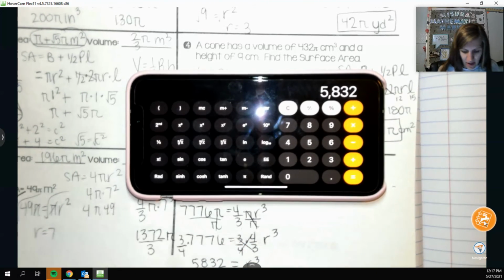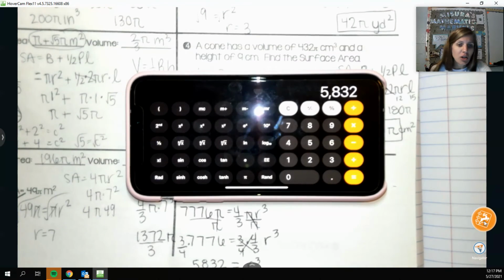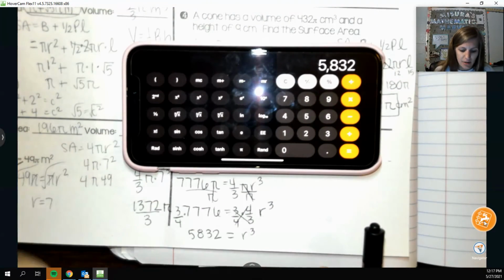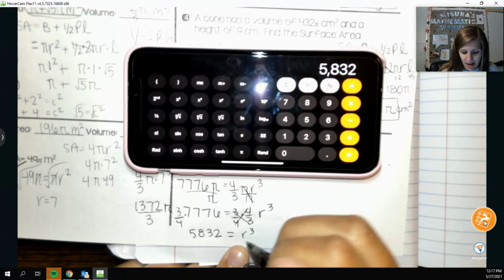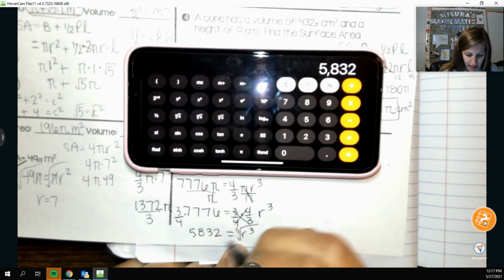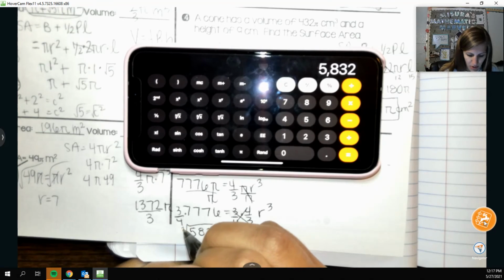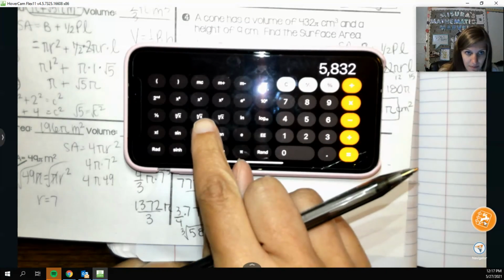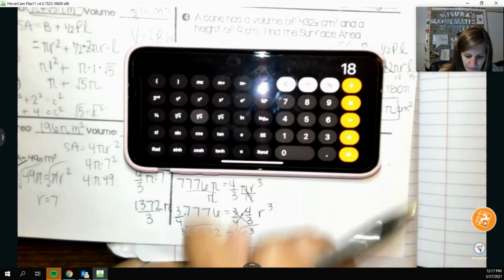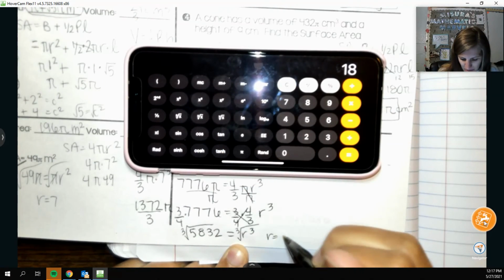5832. And then if you remember, we talked about in the other one, if I have something being cubed, like r cubed right now, I can get rid of the cube by cube rooting both sides. If I leave this number right in there, then I can just hit the cube root button, which is next to the square root button, and it's 18. So my radius is 18.